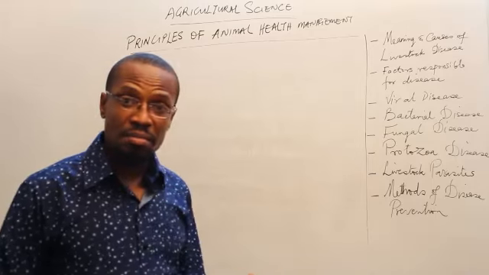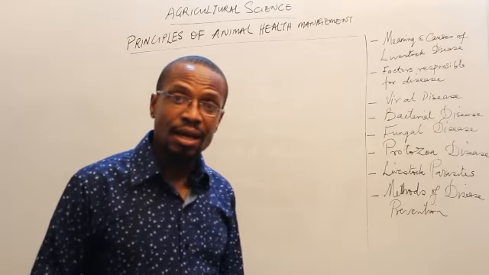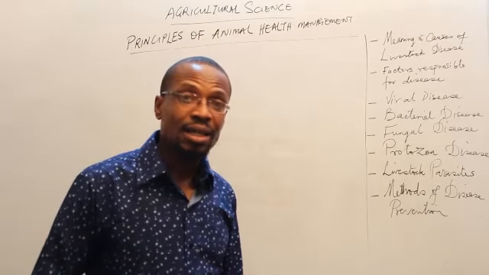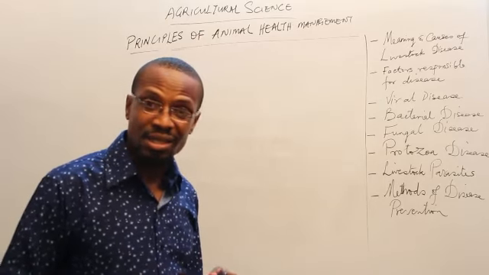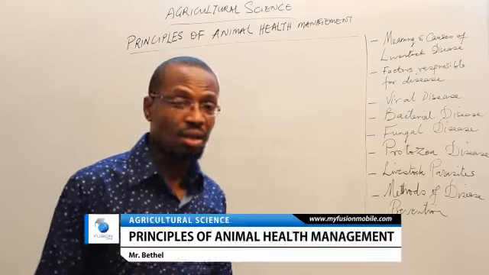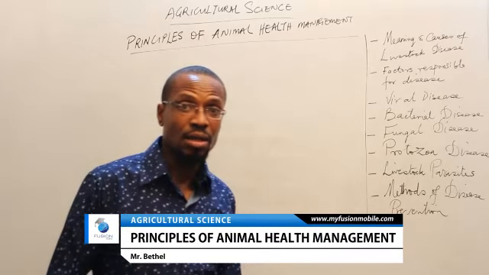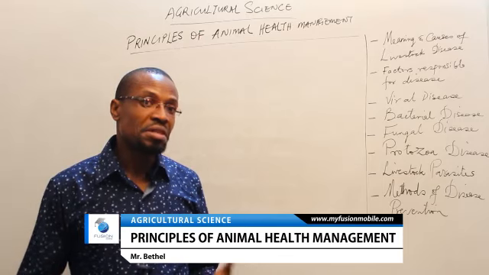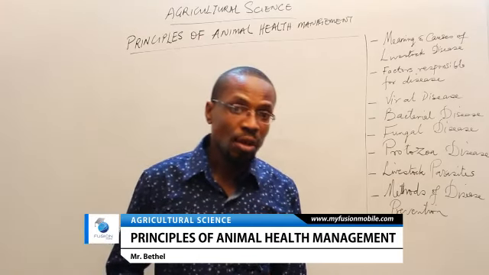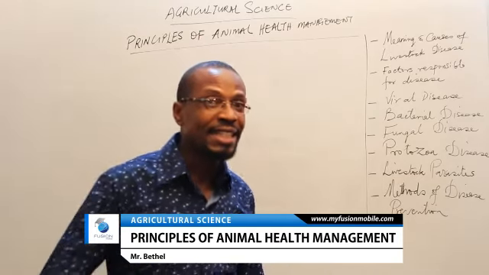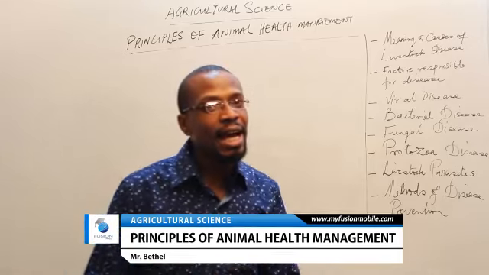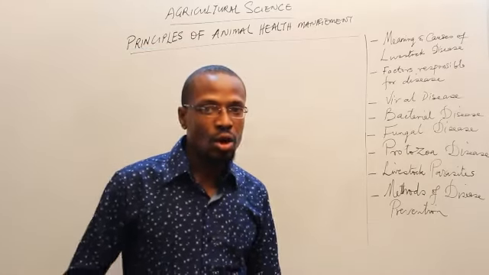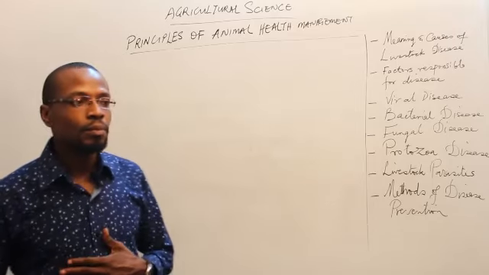It can be in the tissue, it can be in an organ, it can be in a system, it can be in the entire body of the animal. So, disease is something, once again, that is a deviation from the normal functioning of the body of the animal.